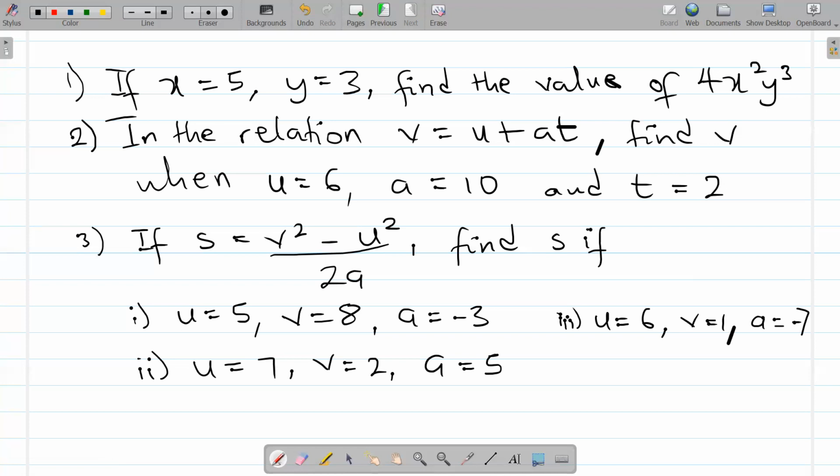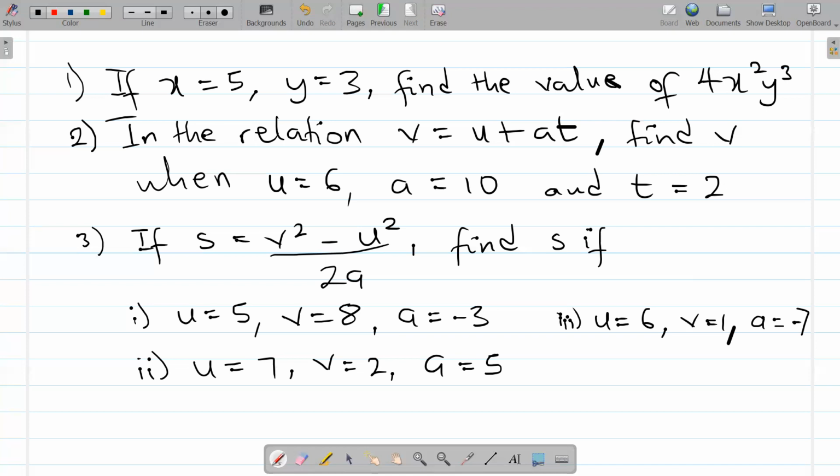We have 3 sub questions under question 3. So I is U is equal to 5, V is equal to 8, and A is equal to minus 3. Did you get that? Not really, the screen was blocked. Okay.